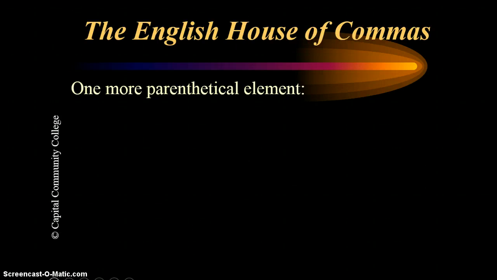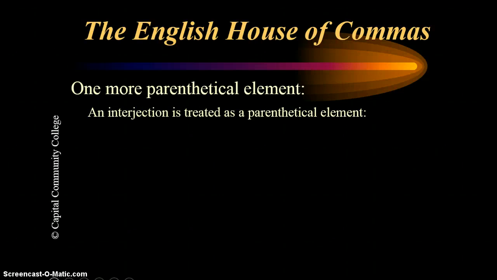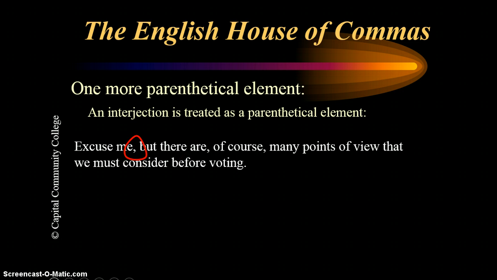Couple more examples, one more parenthetical element that we might want to talk about, and that would be an interjection. It's considered a parenthetical element and should be set off by commas. So first of all, excuse me is an interjection, so we would want to use a comma to set that off. And then around the words of course, we would definitely want to use commas.